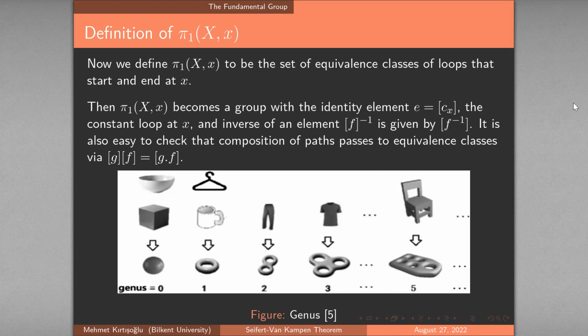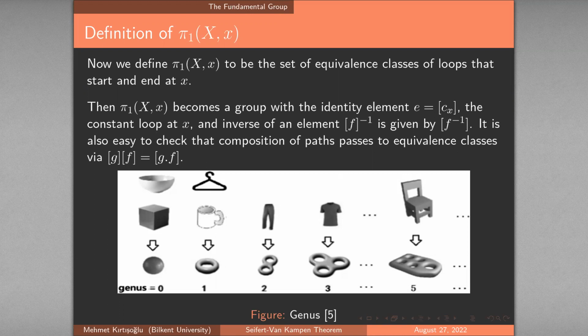Then, when we fix a base point, we will have a group on this topological space with the identity element being the constant map, that is, the constant loop, and the inverse of an element given by traversing the loop the other way around. It's also easy to check that the composition passes through the equivalence classes.